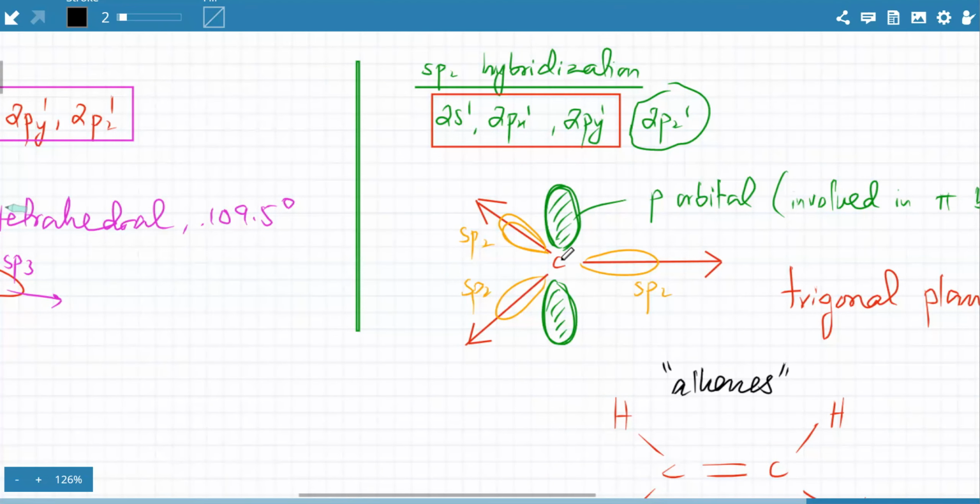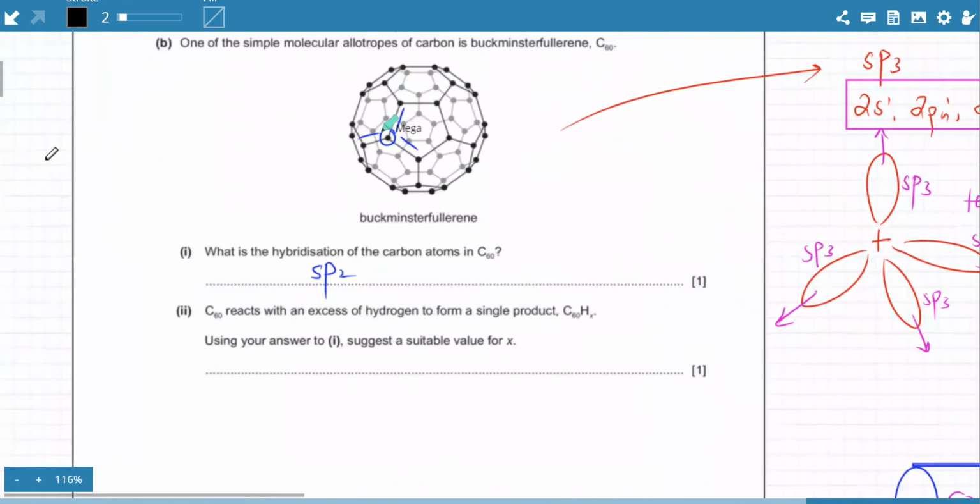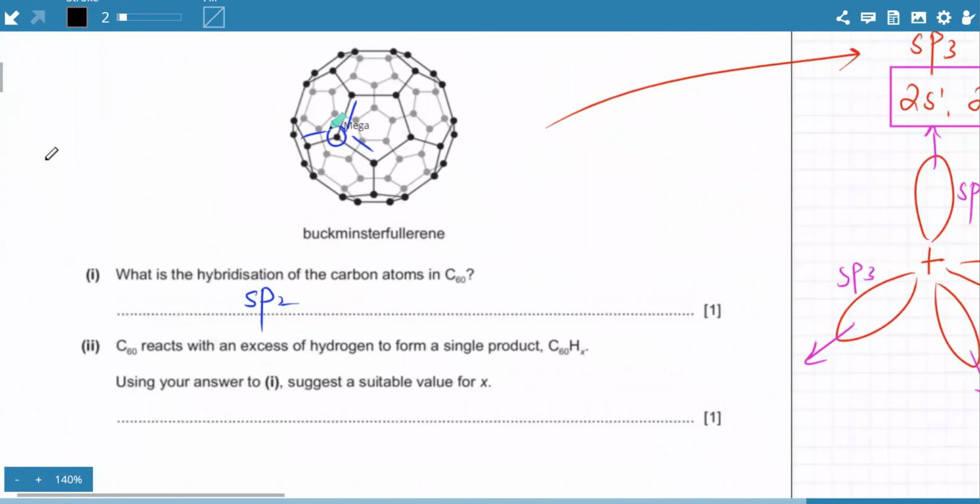So the only possibility is that the fourth orbital, which was involved in pi bonding, also gets involved in bonding, and at the end of the day you get a tetrahedral structure where all four are bonding. Think of it this way: each carbon atom, all of them sp2 hybridized, has a fourth spare orbital.